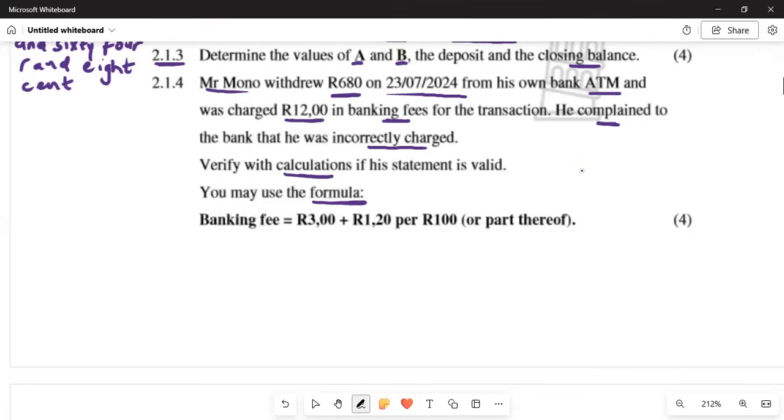So what we are saying is that the fee is equal to 3 Rand plus 120 cent times the amount withdrawn divided by 100.